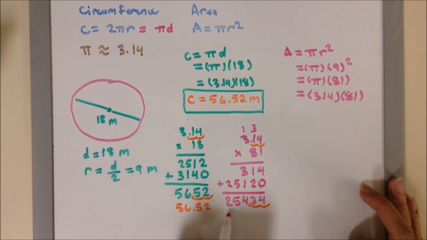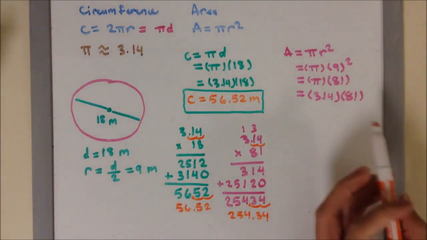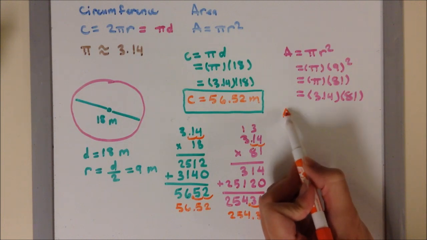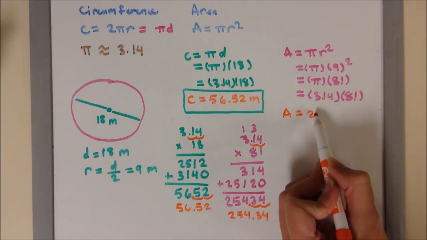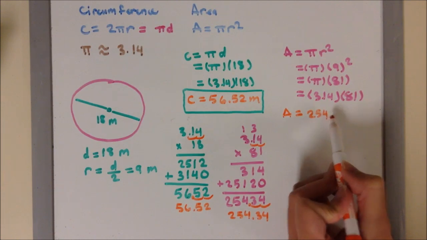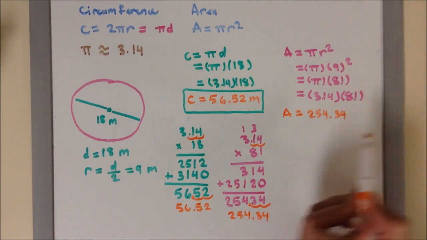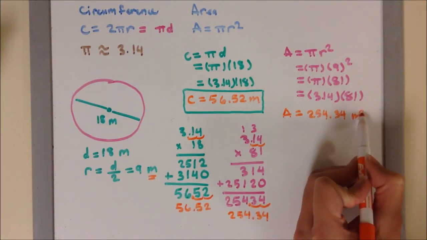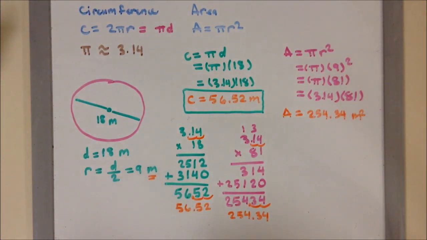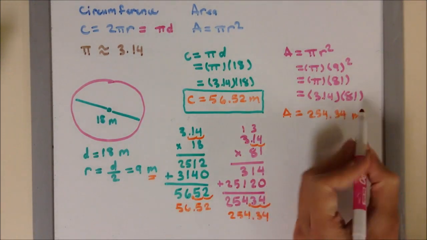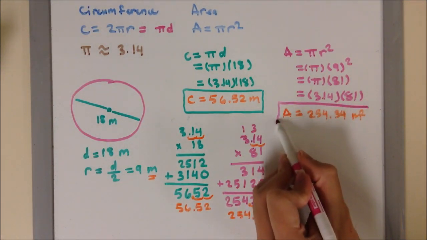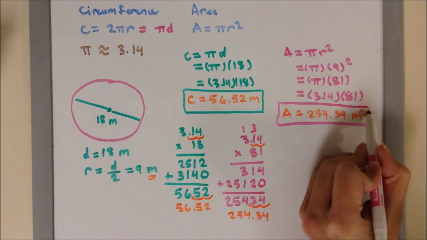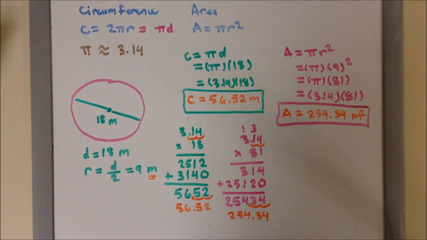So the correct form is 254.34. So my area will be 254.34. Now remember, I'm working with areas, and since it's meters, it's going to be meters squared. So this is my final answer for the area, which is 254.34 meters squared.